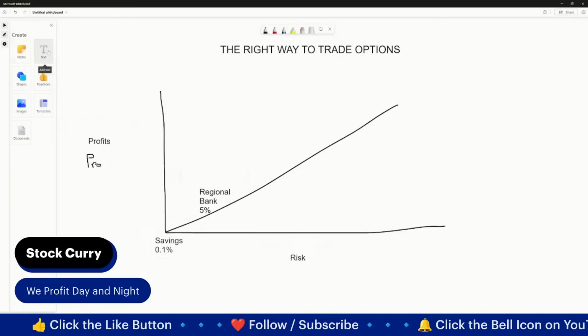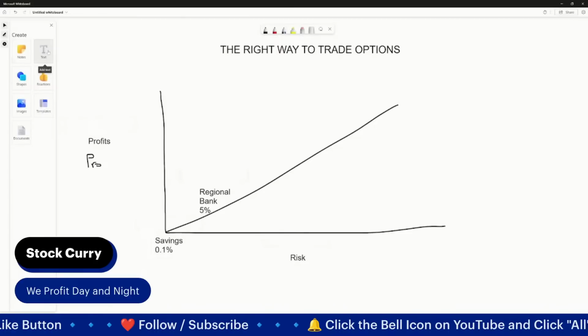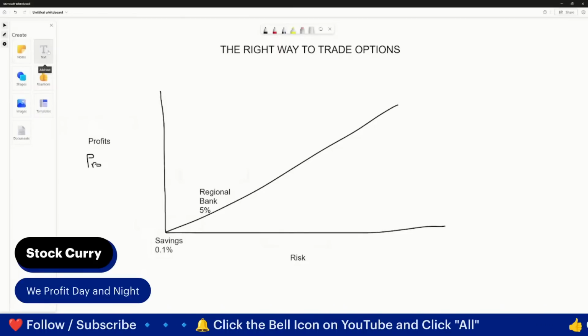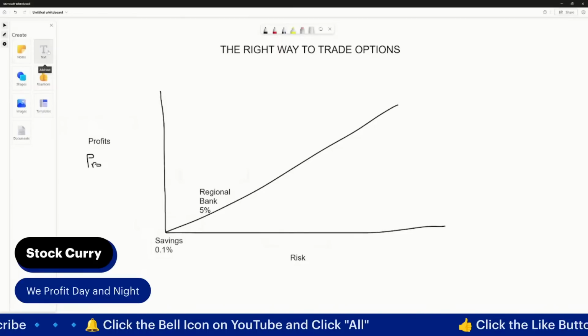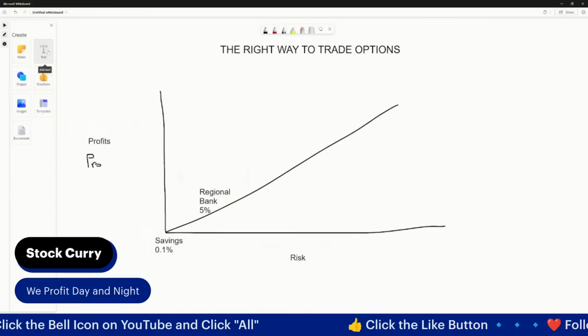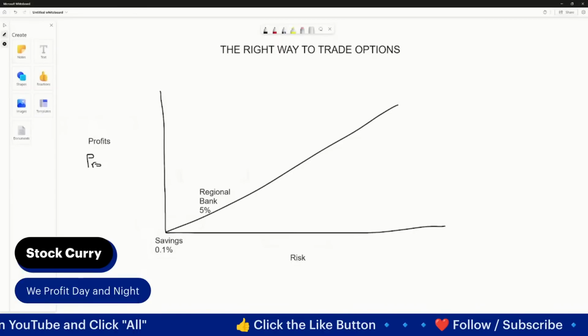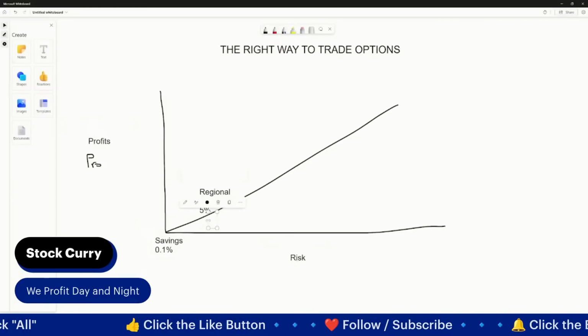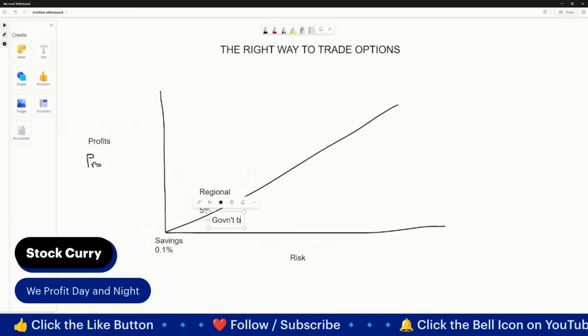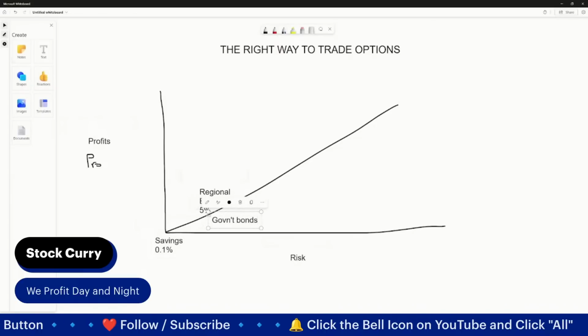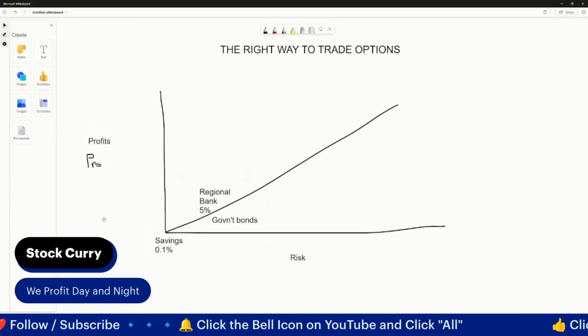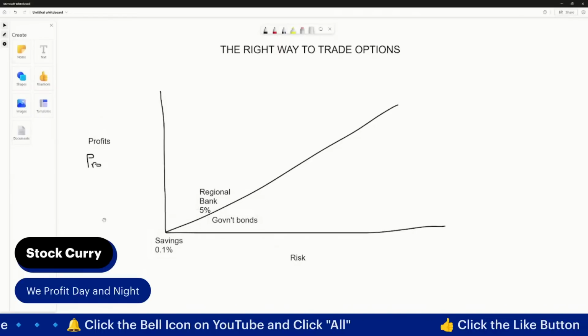So with that increased risk, you also have an increase in return, but also an increase in the possibility for a loss. Another thing that pays around 5% would be government bonds, things like treasury yields. Government bonds, treasuries, those pay around 5%.